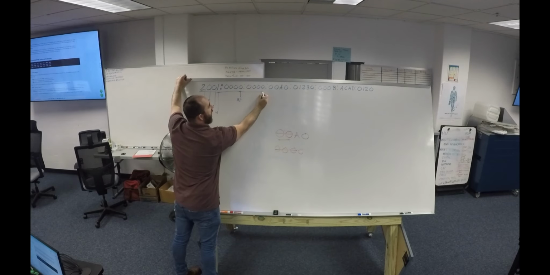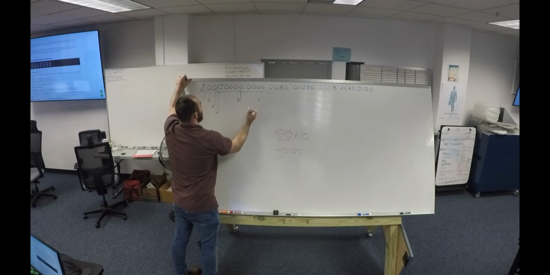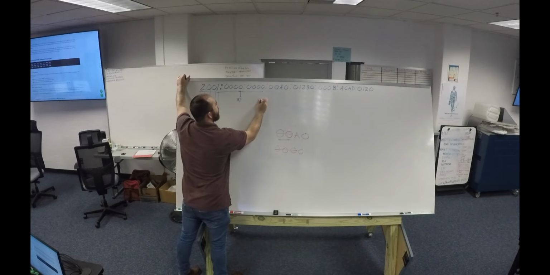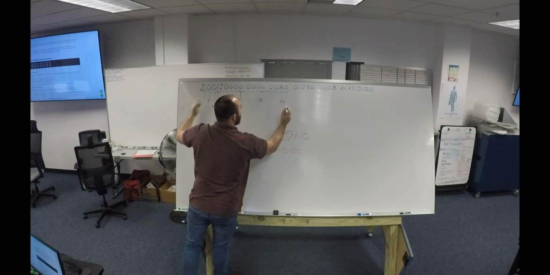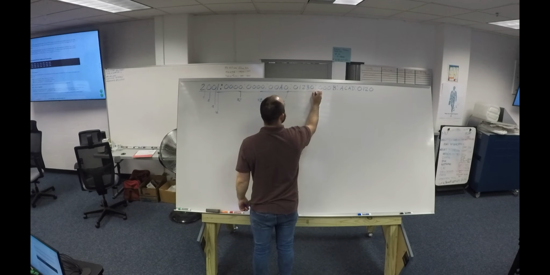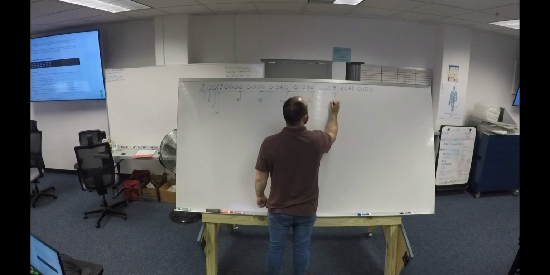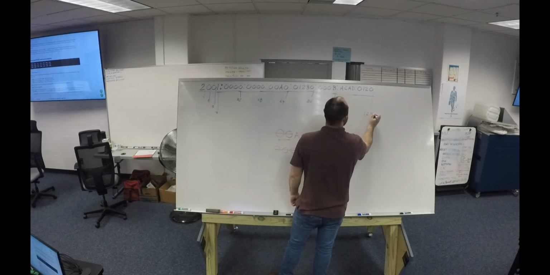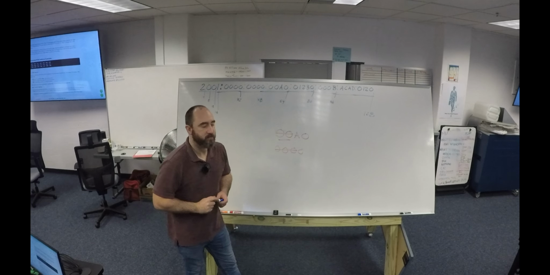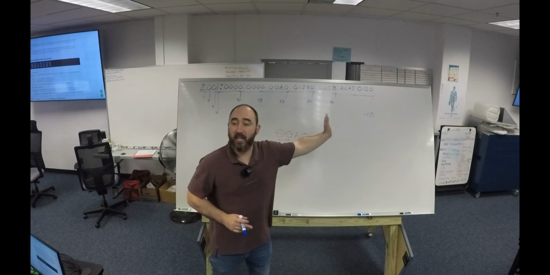Now out to here we have 32 plus 16, 48. Now we have 64 plus another 16 plus 16, 96, all the way out to 128. Right, so an IPv6 address is how many bits long?